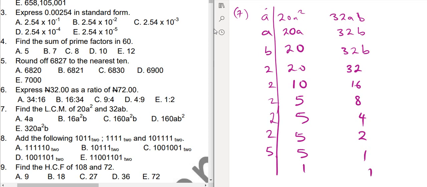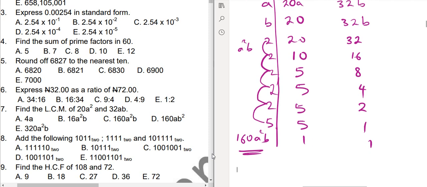Okay, this is lengthy. A times A times B is A squared B. So let's multiply: 2 times 2 is 4, times 2 is 8, times 2 is 16, times 2 is 32, times 5 is 160. So 160A squared B. Option C.